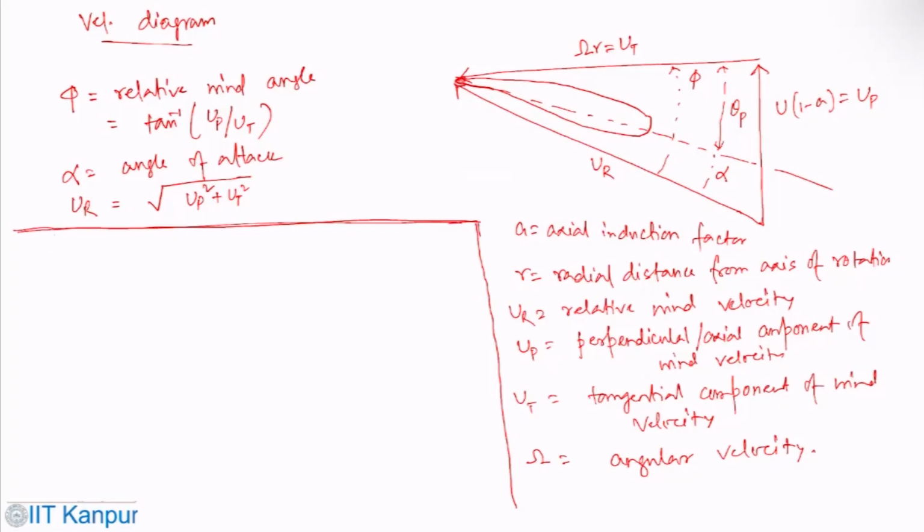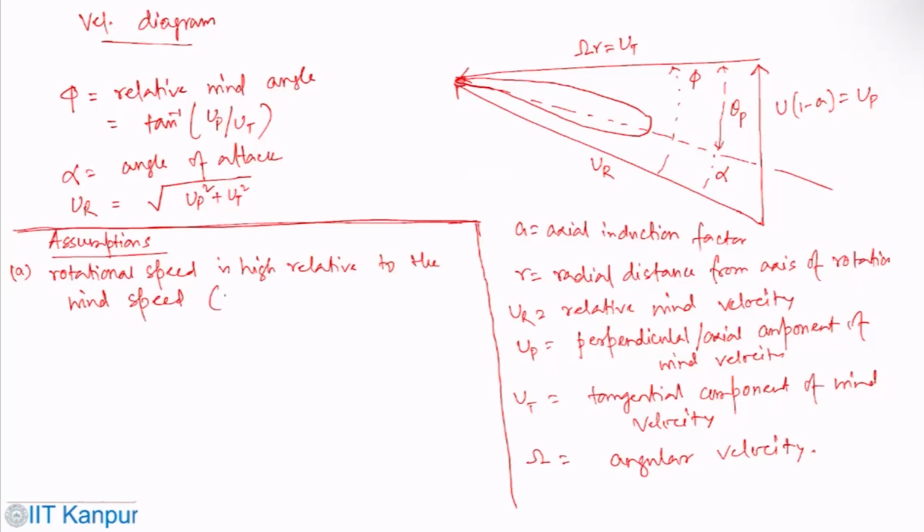So the assumptions: A, rotational speed is high relative to the wind speed. That is, UT is much higher than UP.